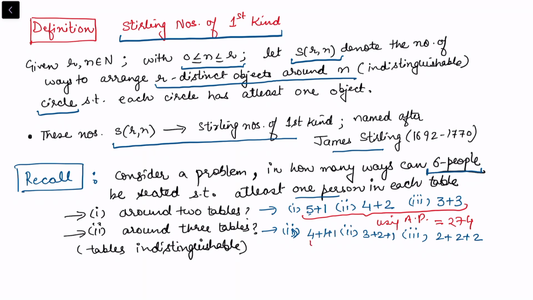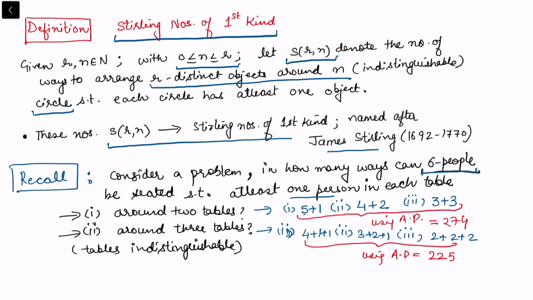And again, we count all the possible sub cases using combinations, and then using the circular permutation concept also. Then we apply the addition principle to get the total number, and we found this is 225. How I count this, I have done in detail in my last video, link added in the description.